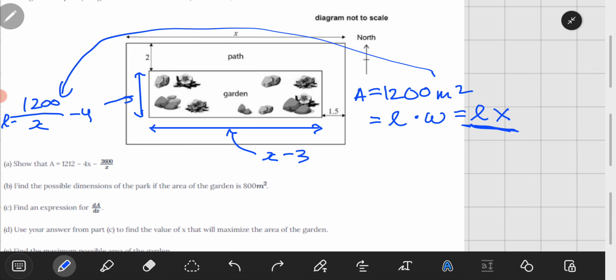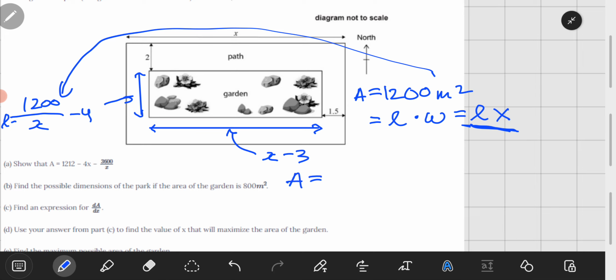And then for our second factor, width, we can simply write it as x minus the other two additional side lengths.